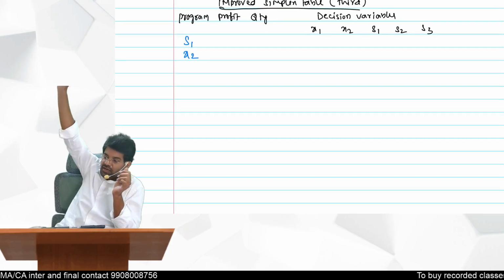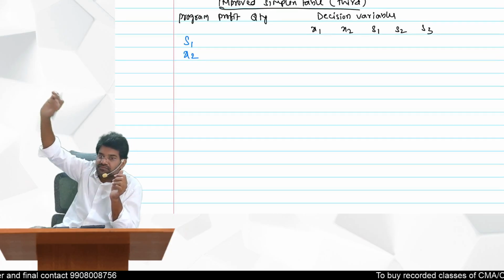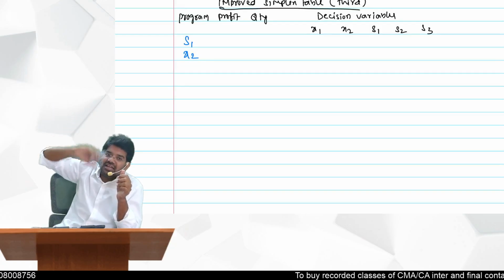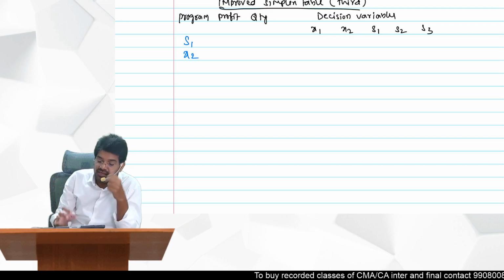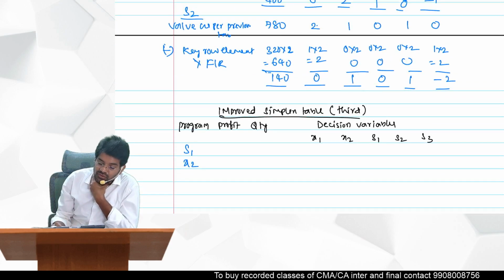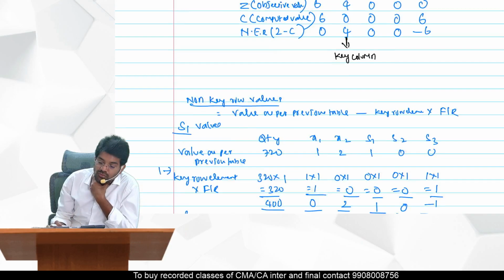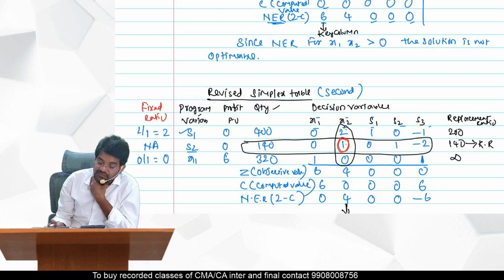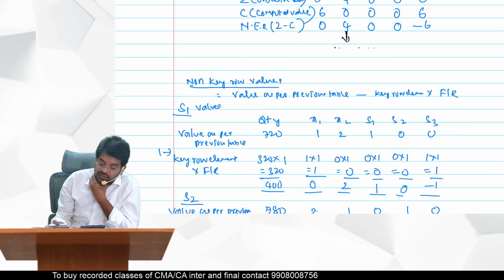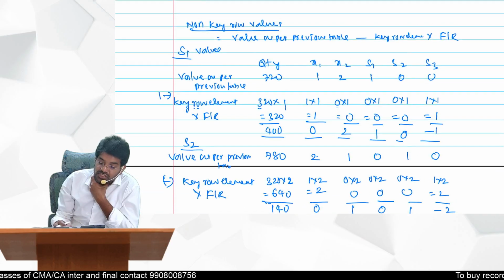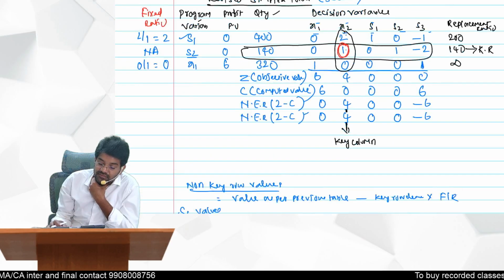How do we get the key row values? Previous table key row elements divided by the pivot element, which is the junction element. So for X2, the objective function coefficient is 4. Calculation should start from the quantity column only.